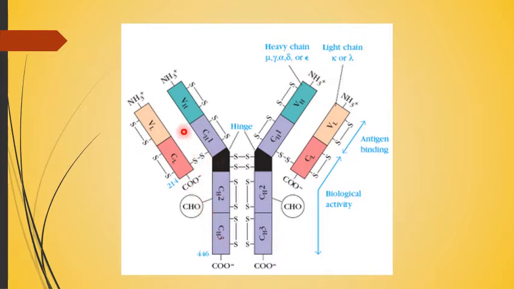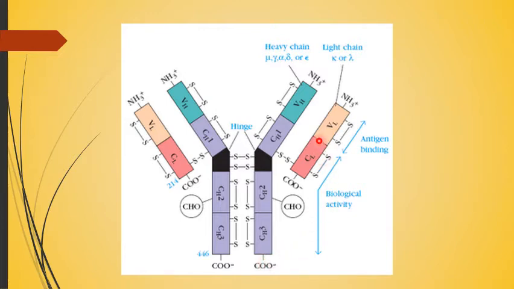These are your 2 heavy chains, and these are your 2 light chains. So H2 and L2, and that gives the Y-shaped form. So of the 4 polypeptide chains, 2 are heavy and 2 are light, and they give you the Y-shaped structure.